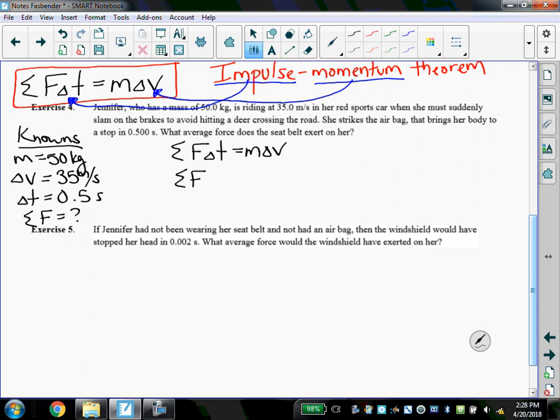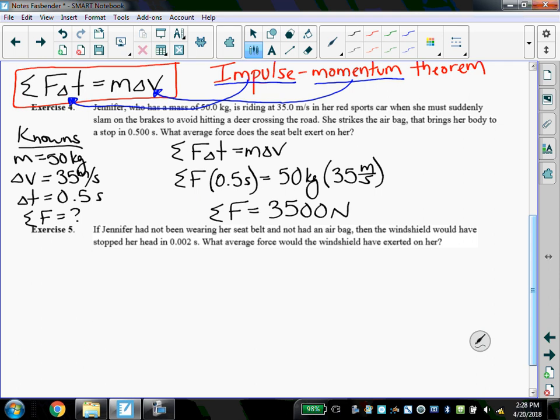So if we put in what we know, that time is 0.5 seconds, her mass is 50 kilograms, and she's going to change her speed by 35 meters per second, well then we find that the net force that acts on Jennifer is 3,500 newtons.